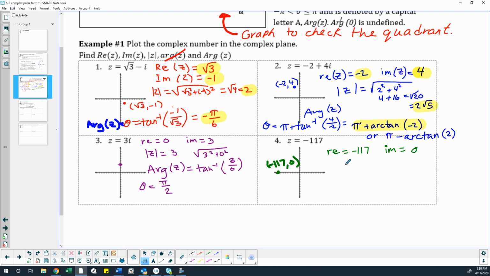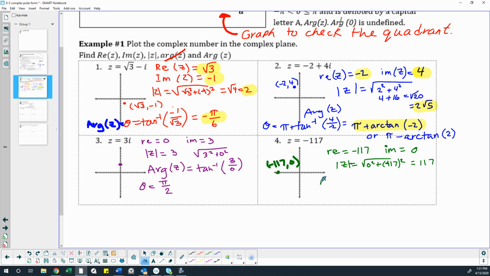So anyway. Okay, so what's our modulus? So it's kind of like the last one where we have 0 squared and we have negative 117 squared. So that just gives us 117 for our modulus, right? So then we can look again, just look at our graph to figure out where that angle is.